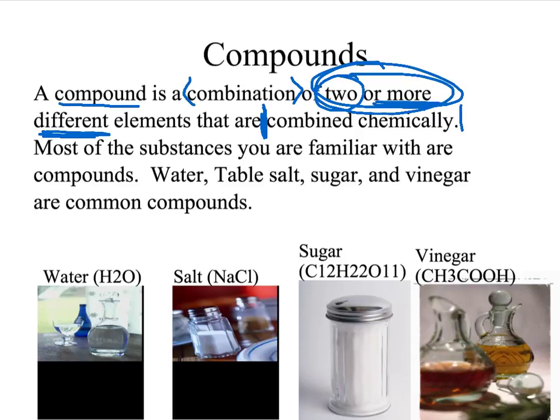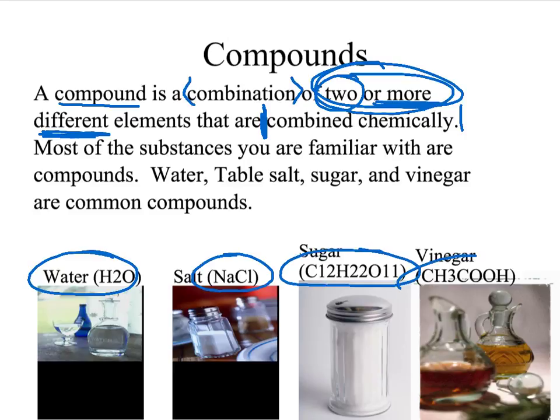You have something called a molecule. Molecules and compounds are similar, but a compound would be something like water, sodium chloride, sugar, vinegar. A molecule would be something like O2.